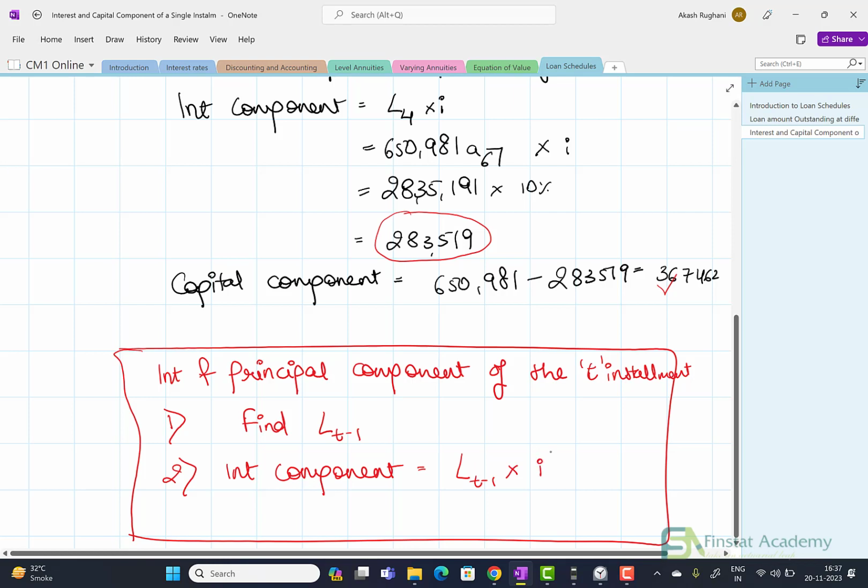Now guys, I'm making this generalized. It will be I(p) by p for pthly installments. In my example, since p was 1, annual, it directly became I. But it will be I(p) by p for pthly installments. And the capital component will be nothing but my X, whatever the tth installment is, minus the interest component.